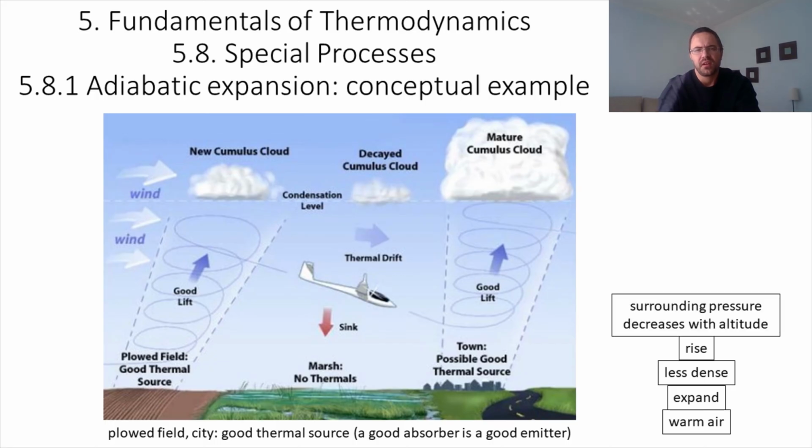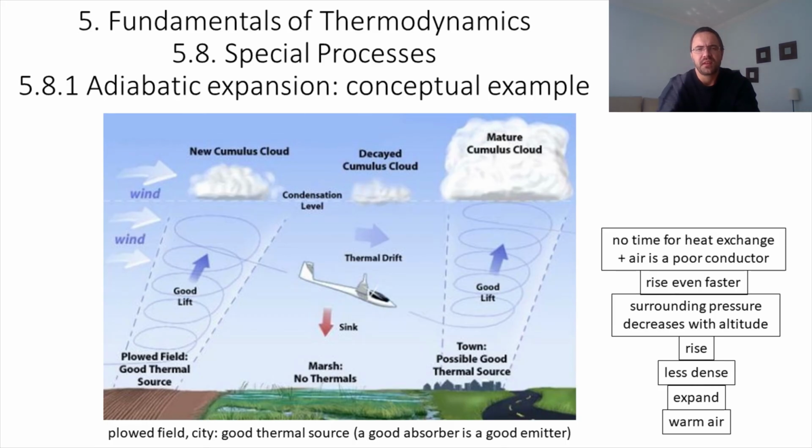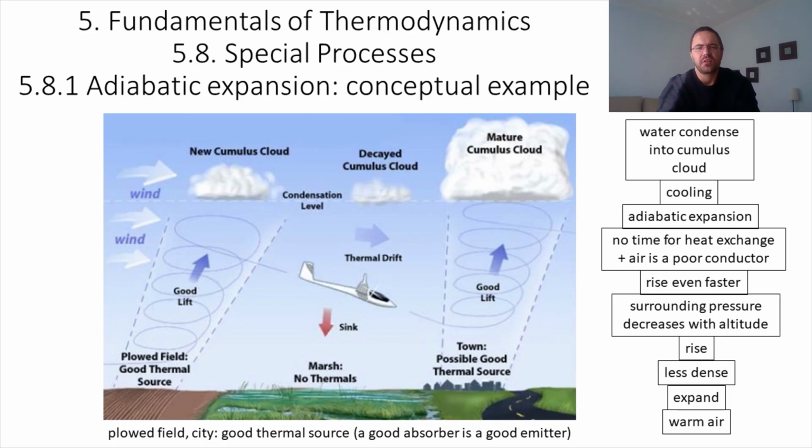And as it is rising up, the surrounding pressure decreases with altitude, and so it will rise even faster. And since it is rising faster, there is no time for heat exchange, and air is a poor thermal conductor, and so this is like an adiabatic expansion. And the temperature will decrease, and water will condense, forming a cumulus cloud.